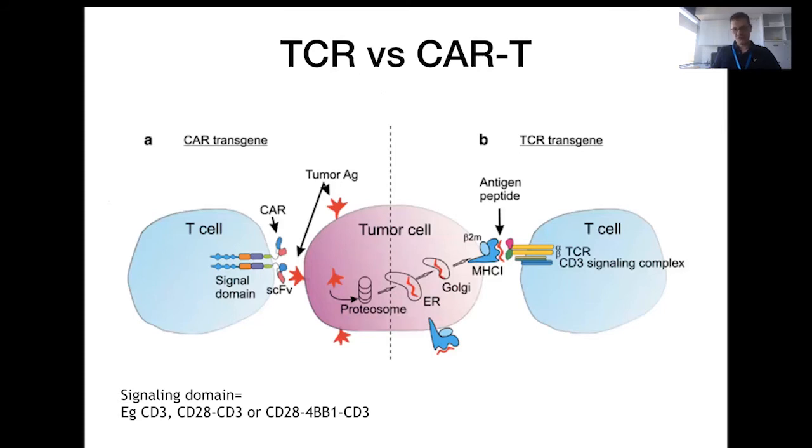So if a tumor loses the ability to show mutated antigens or melanoma-associated antigens, you will have a second chance to kill the tumor using an antibody moiety on a chimeric antigen receptor that can recognize something on the cell surface. And then when it binds there will be a signaling domain mimicking that of the T cell receptor.